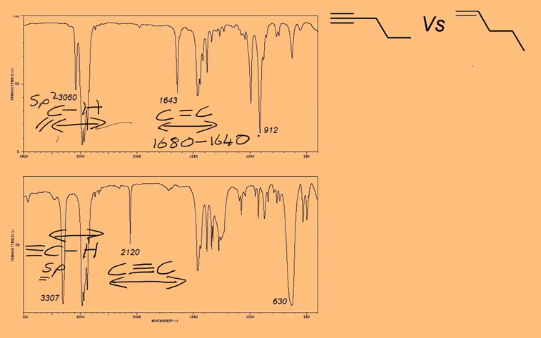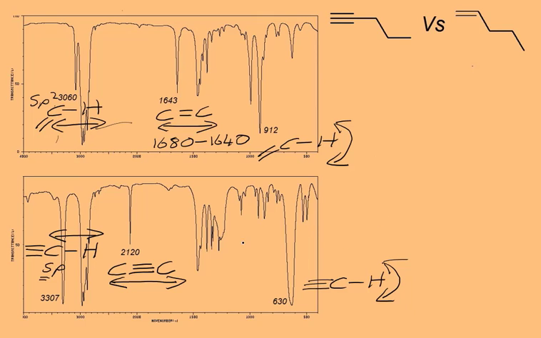Our last piece of evidence is the carbon to hydrogen bond bending vibration, and we get a peak around about 900 for a carbon to hydrogen bond which is attached to a double bond. Bending vibrations are normally below 1400. We also see this carbon to hydrogen bending for a CH bond which is attached to a carbon which is part of the triple bond.